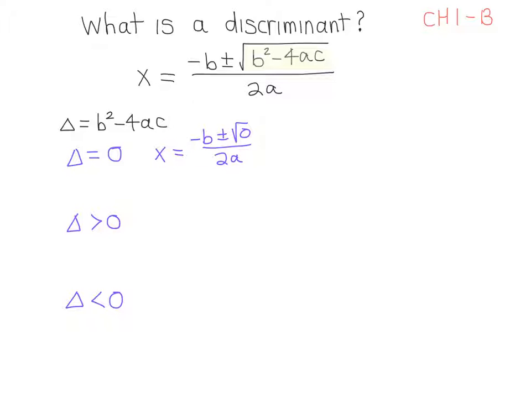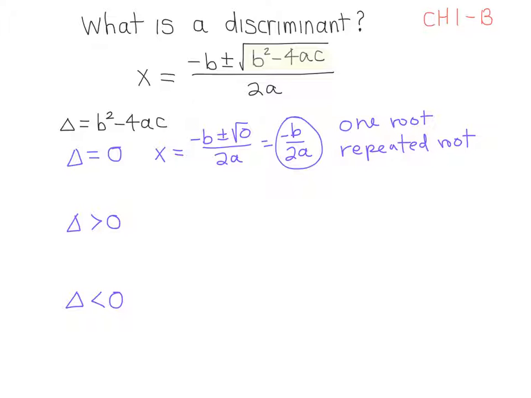But square root of 0 is just 0, so it's really negative b over 2a. Clearly, for this quadratic equation, we have an x value that's just 1. So in this case, we say it has one root, or repeated root.